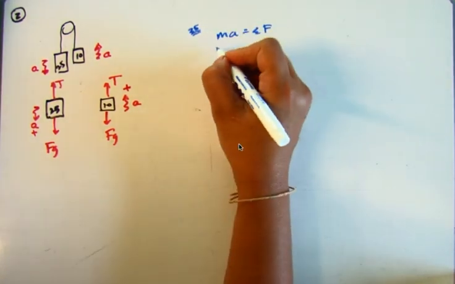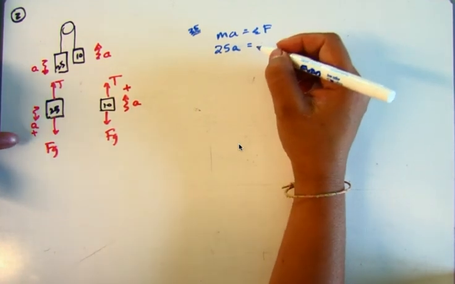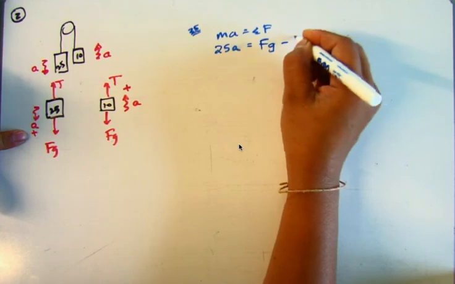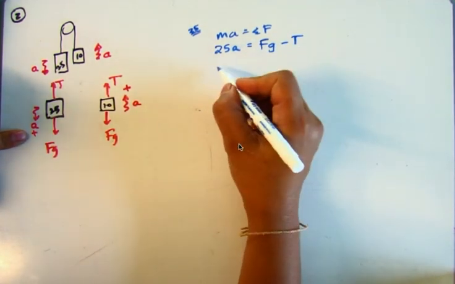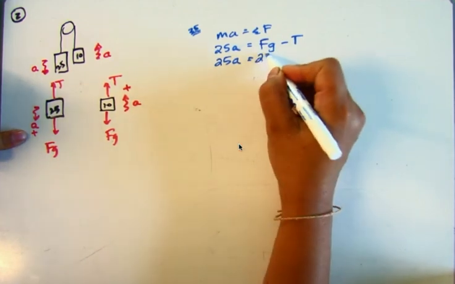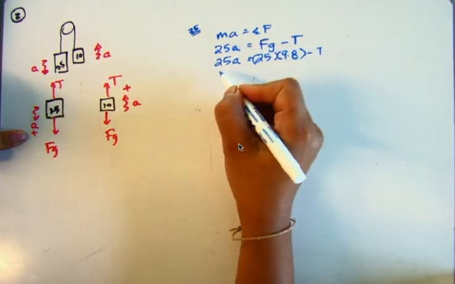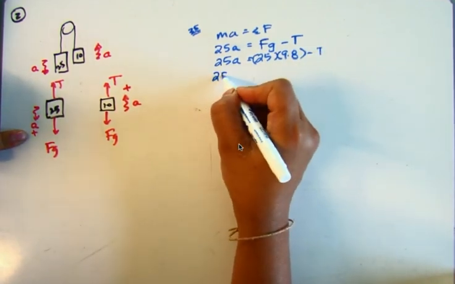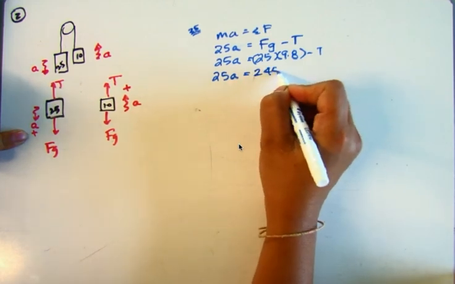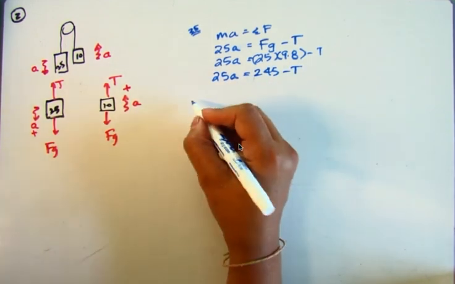Then 25a equals the sum of the forces, taking into account that FG is positive, it's going to be FG minus T. You can call it FT or T. So we have 25a equals 25 times 9.8 minus T. Then just multiplying that out, 25a equals 245 minus T. And we have two unknowns, so that's kind of a dead end for that.